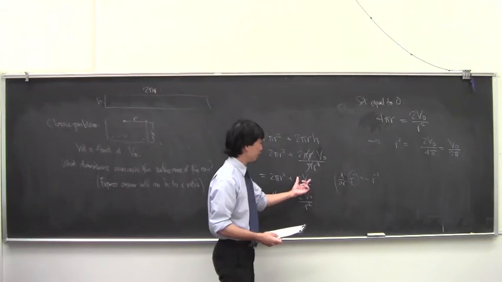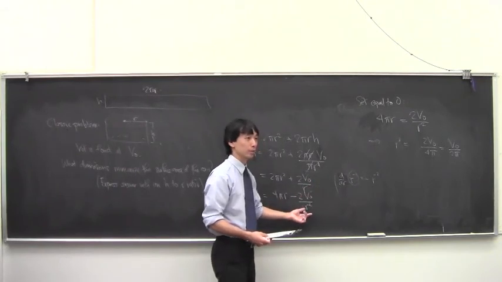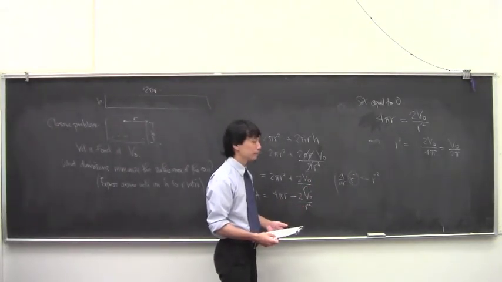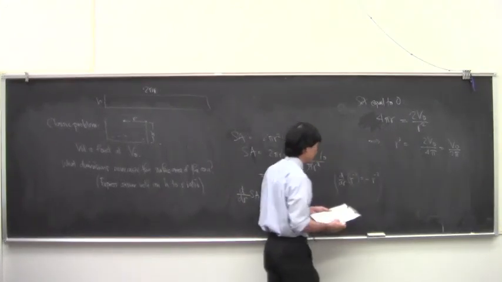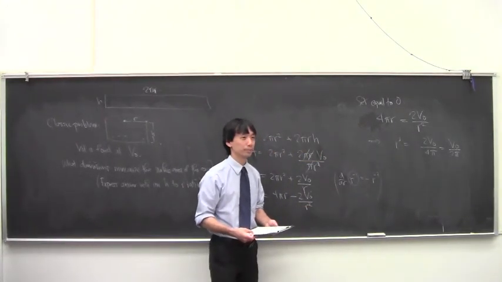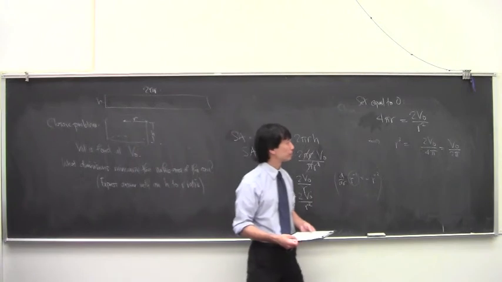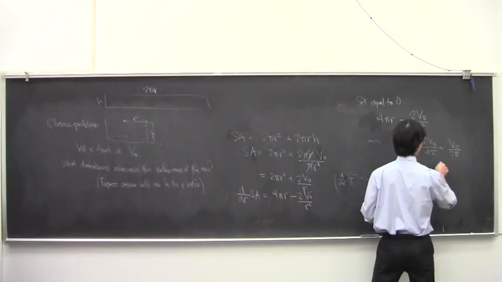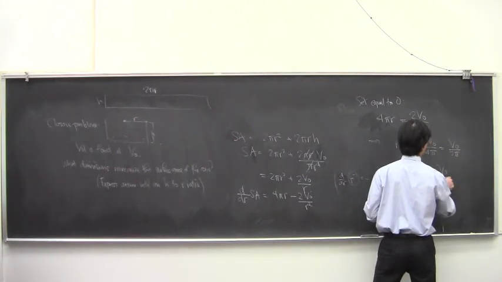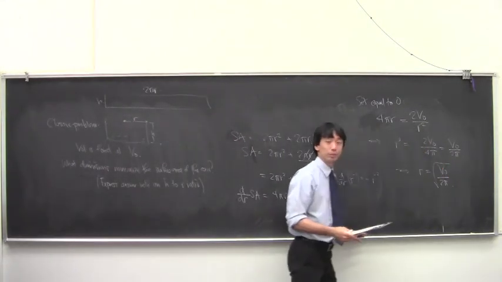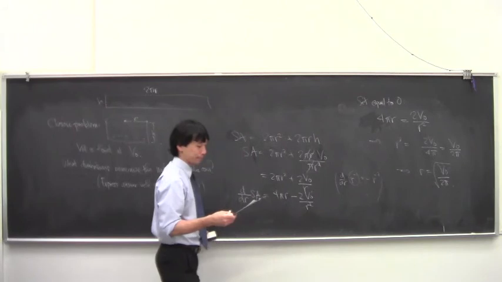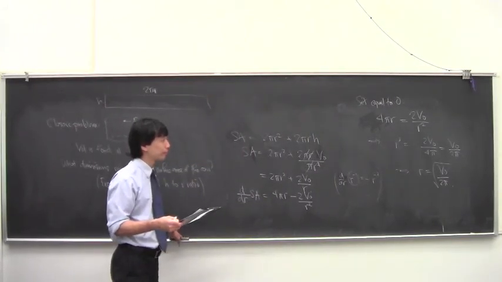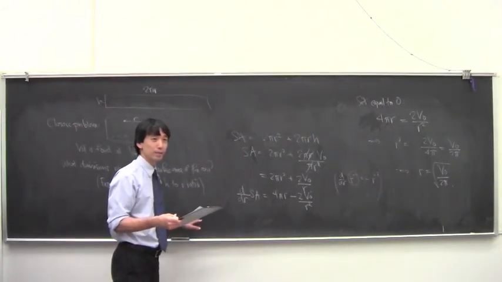So you get negative the constant over r squared. Oh, okay. It's clean. You could use a quotient rule, but it's faster to do it this way. Okay, so what does that give you? That gives you that r must be the cube root of v naught over 2 pi. Okay, so that's the answer.